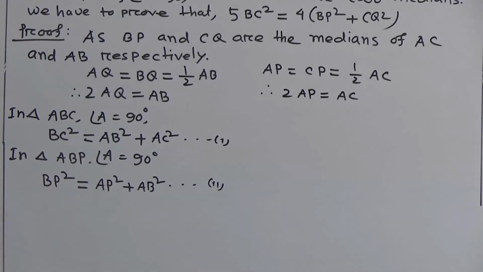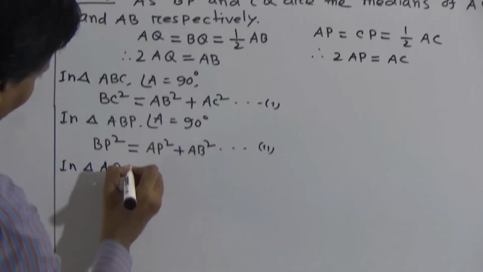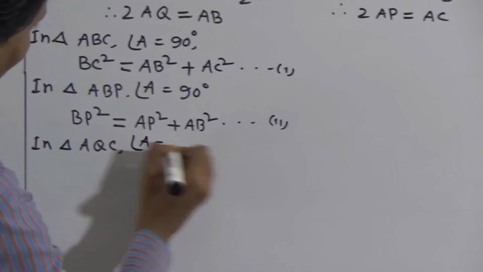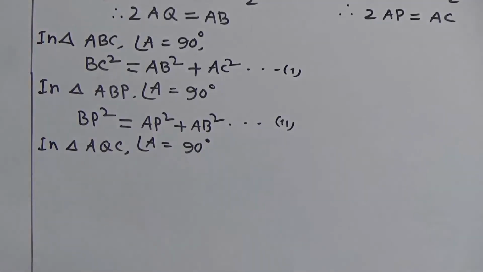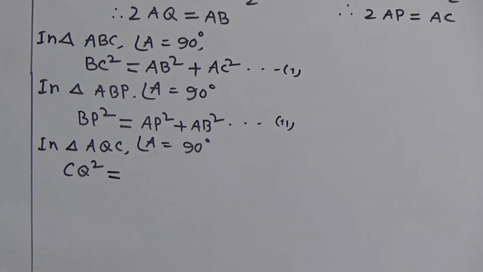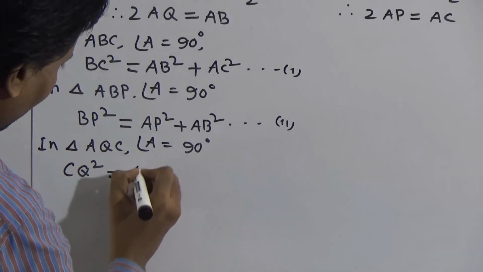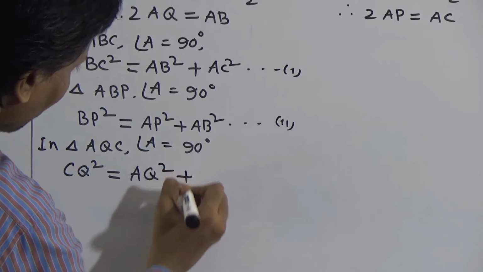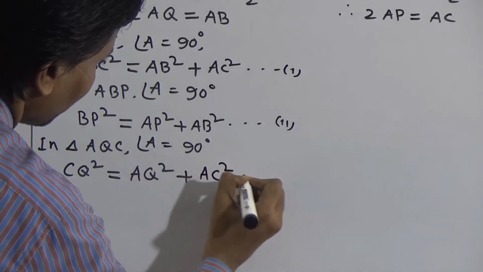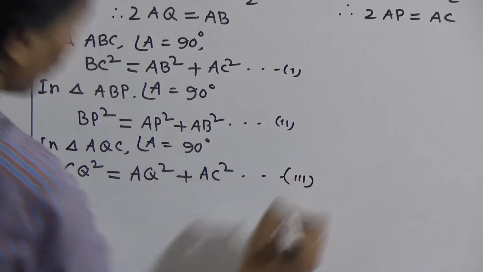Equation 2. And in AQC triangle, angle A equal to 90 degree. Okay, AQC, that means CQ square equal to AQ square plus AC square. Equation 3.